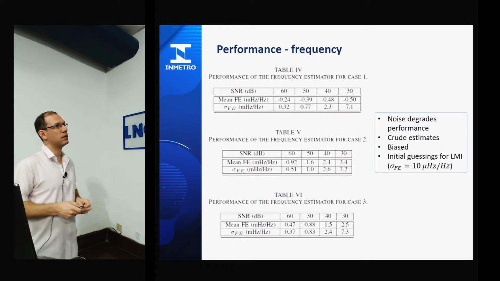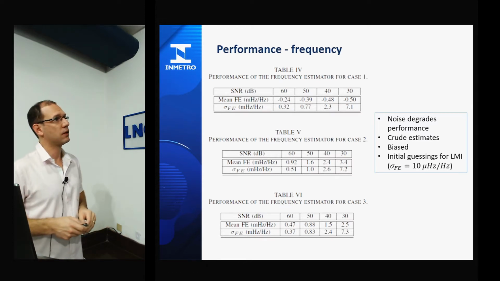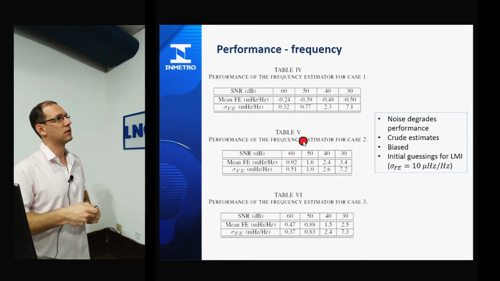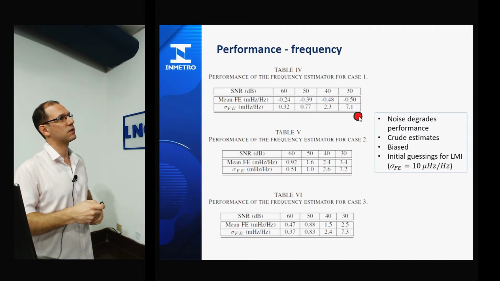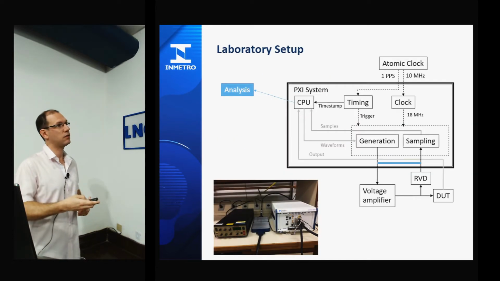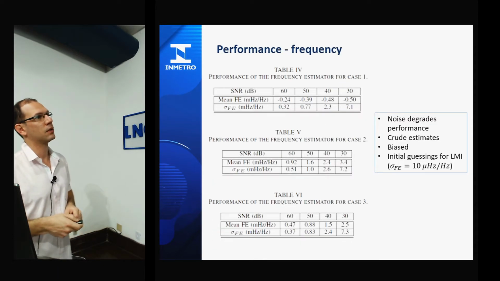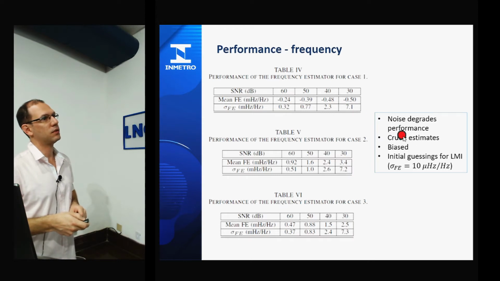And for frequency estimation, we have observed some bias. Here we have for case 1, and also variances depending on the noise level. So noise degrades the performance, and we have very crude estimates of frequency.